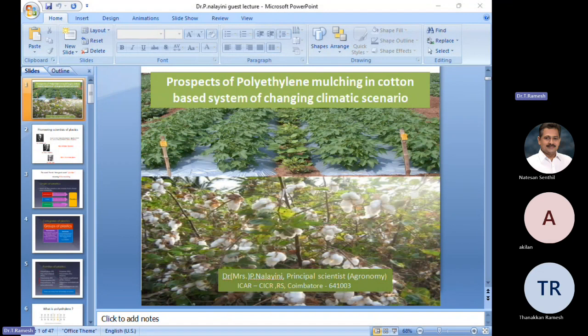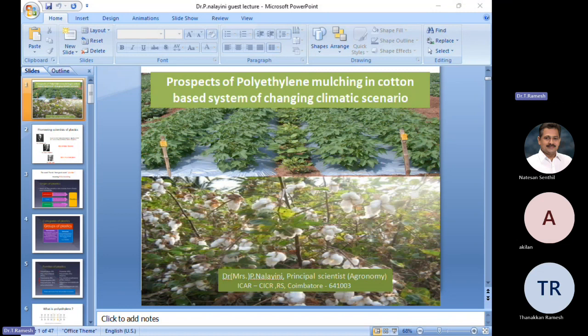So cotton and maize I have introduced in this study. Cotton is a C3 plant. After that, I have used C4 maize. You all know all our agronomy crops come under either the C3 or C4 pathway, and very few crops like pineapple come under CAM.